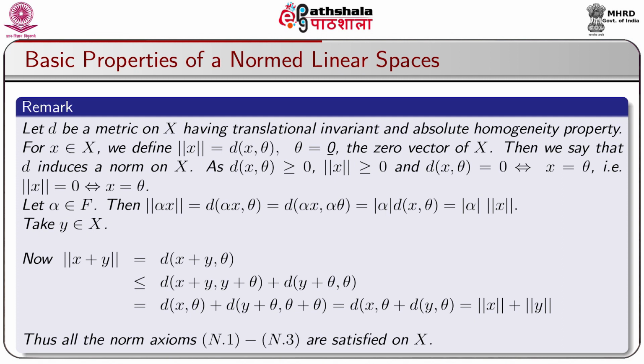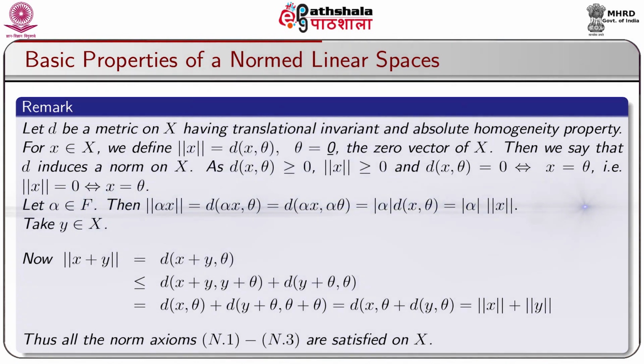For x belonging to X, we define the norm of x to be d(x, theta), where theta is the null vector of X, that is, the zero vector of X. Then we say that d induces a norm on X. As d is always nonnegative, that is, d(x, theta) is greater than or equal to 0, the norm of x is always greater than or equal to 0, and d(x, theta) is equal to 0 if and only if x equals theta; that is, the norm of x equals 0 if and only if x equals theta.